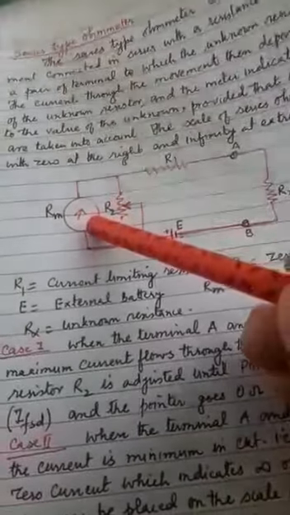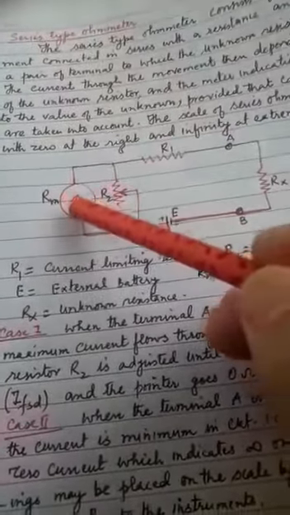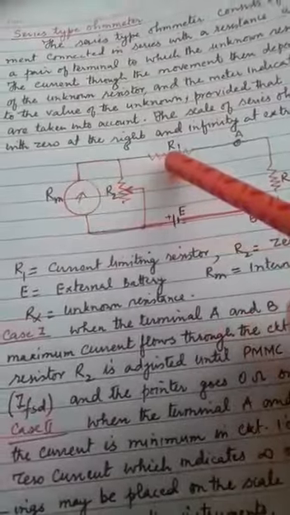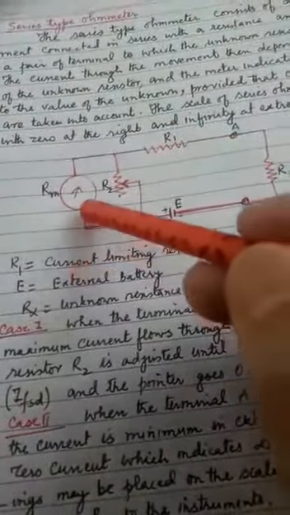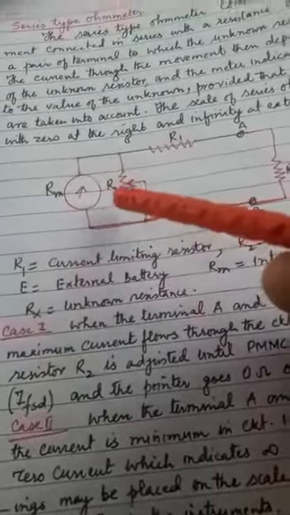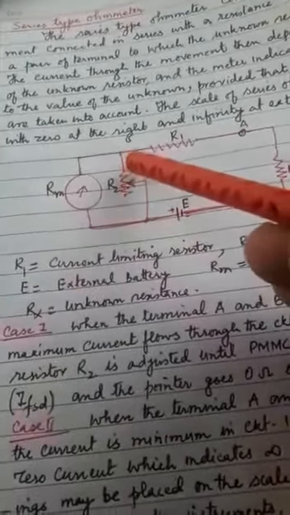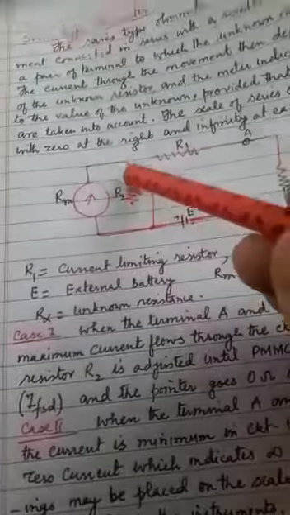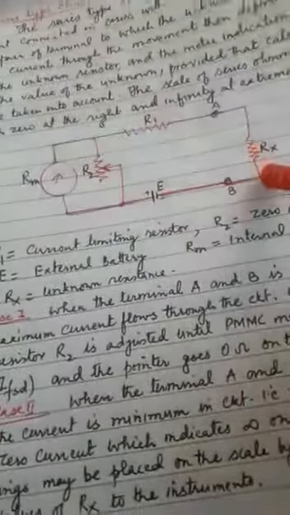Again, this is the D'Arsonval meter with which a resistor is connected in series and a battery is connected in series. This is R2, the adjustable resistor connected in between, and here we have Rx, the unknown resistance.